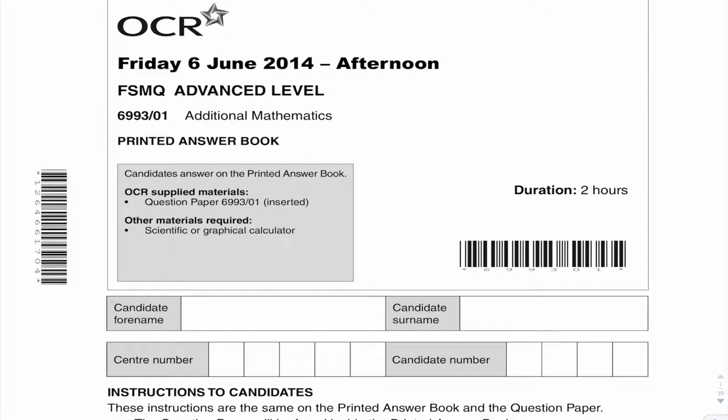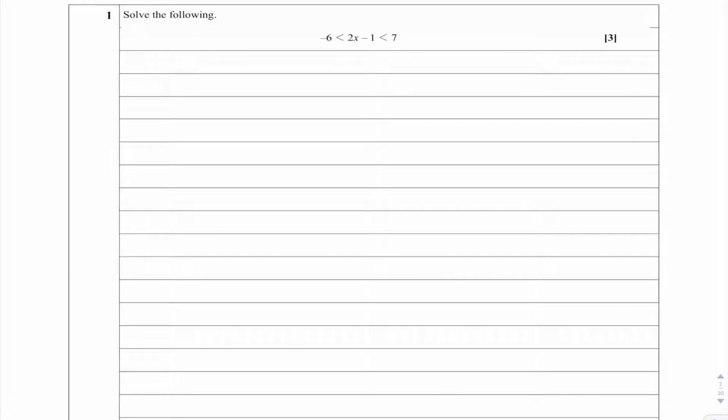FSMQ Advanced Level Additional Mathematics, June 2014. Question 1. Solve the following: minus 6 less than 2x minus 1 less than 7. In this case, we need to add 1 to all of it. So minus 6 plus 1 less than 2x less than 7 plus 1.